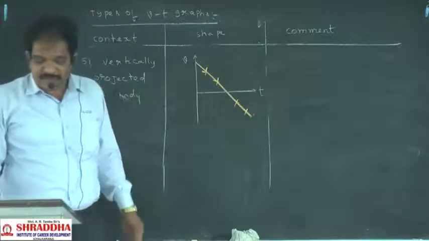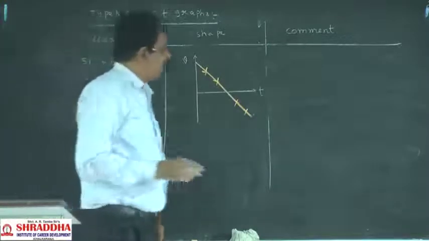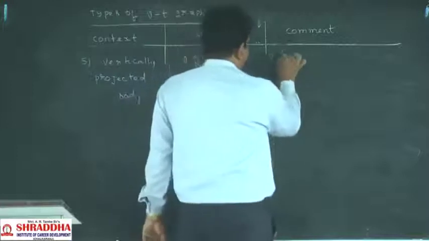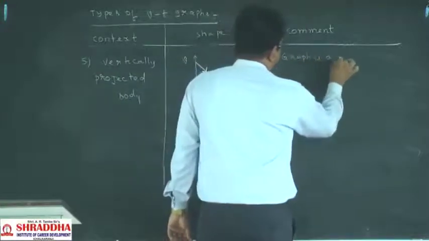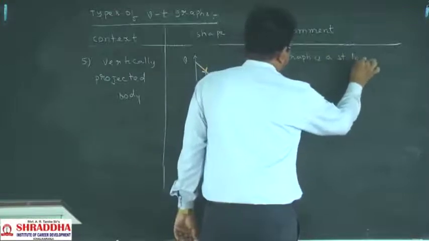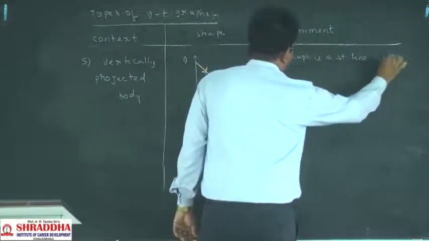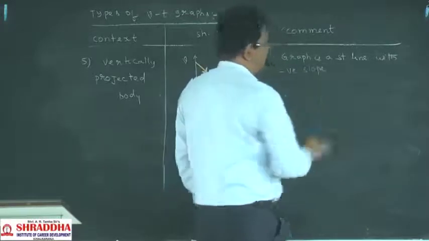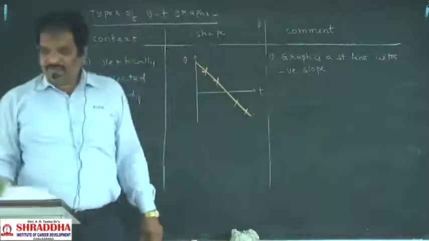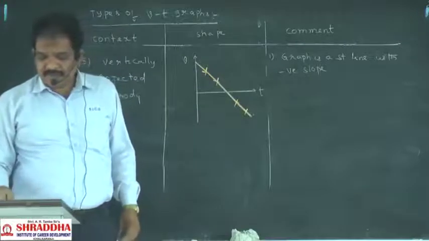What it is saying? Graph is a straight line with negative slope.